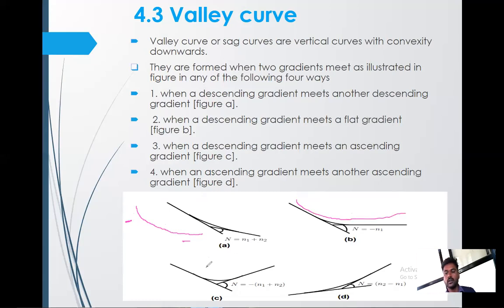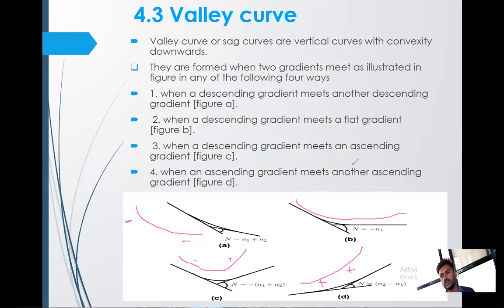What is the third criterion? The descending gradient meets with the ascending gradient. See here, the descending gradient is first, and the second one is the ascending gradient. When an ascending gradient meets another ascending gradient, positive, positive. So these will be the 4 conditions for the formation of valley curves.